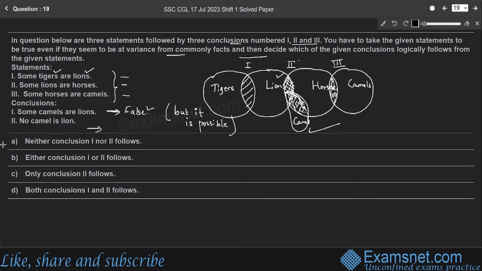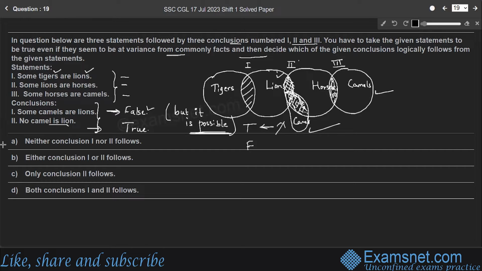And the second conclusion is no camel is lion. Here is the set of camels and the set of lions. According to the statements, no camel is lion, which is a true conclusion. Look at the conclusions: these two are contradictory. If the first conclusion is true under the condition I just explained, the second will be false, because it says no camel is lion.